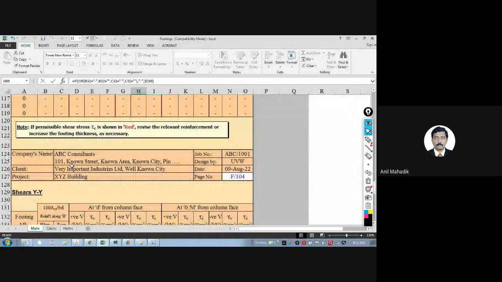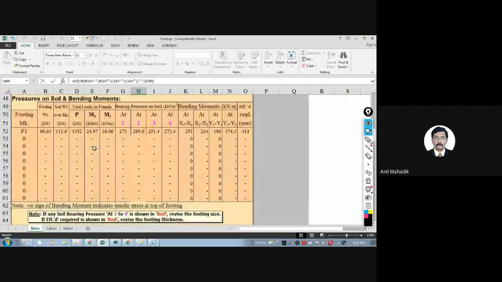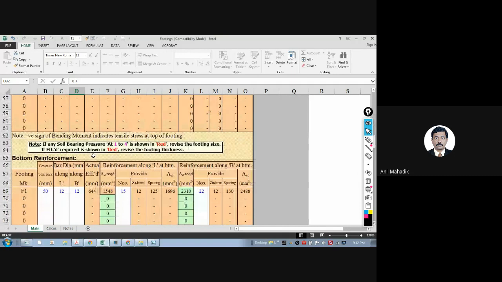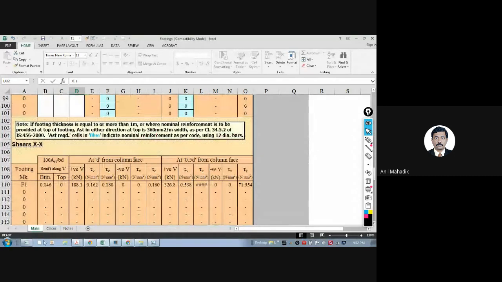If you change the depth, change the steel, again check whether you can optimize, again change here. Can you change the size of the footing? Can you again change the depth of footing? So do the iterations, and finally optimum design should be there. I hope all of you got this. Did everyone understand?